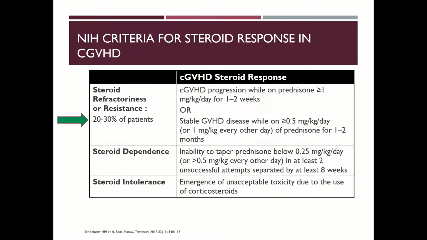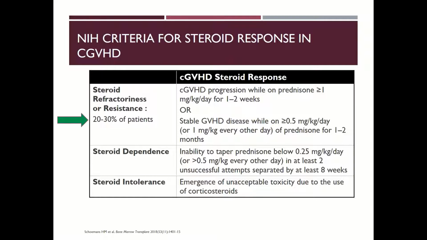Unfortunately, about 1/3 of patients will develop steroid refractory or resistant disease. Again, it's important to be able to identify these patients as soon as possible so that therapy can be changed appropriately. Fortunately, a standardized definition exists to guide us, and this comes from a 2018 publication, a joint EBMT, CIBMTR, and NIH task force publication.